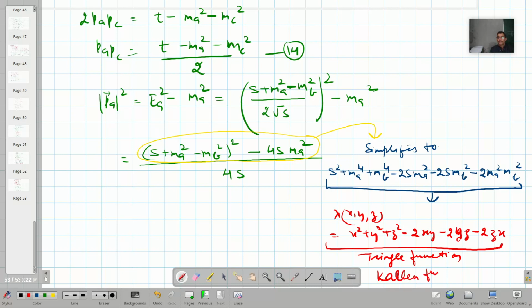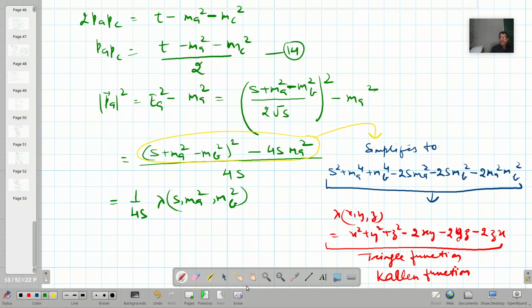Right. So that means this part, if we simplify it, simplifies to this one. If you open this square, it will be like this, right? So that means this can be written as 1 by 4s lambda (s, ma square, mb square), right?